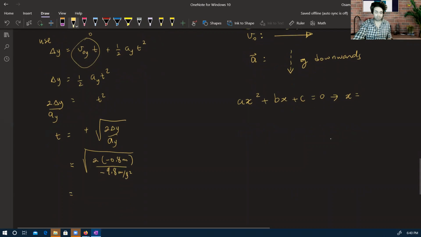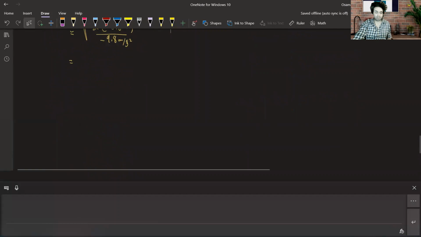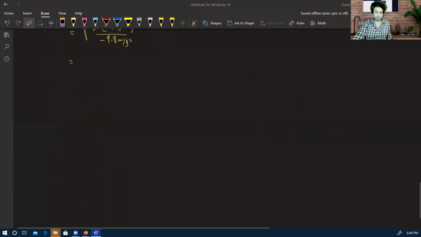That's the square root of 1.6 divided by 9.8. What's that? That's probably something like 0.4, isn't it? Let me see, let me get a calculator.